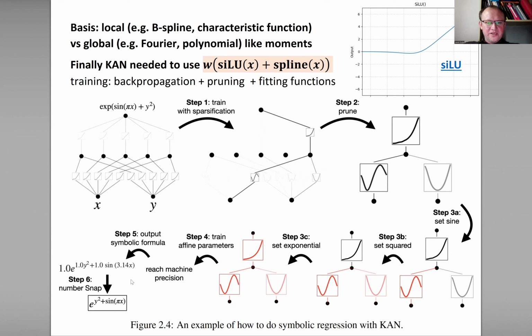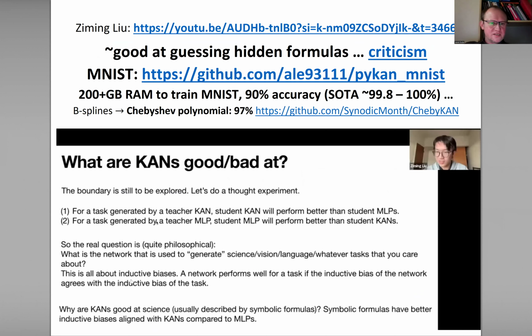The big question is whether it is good for a different type of task. Here is the talk of the first author, and he says that basically, it seems not really. The main question people usually ask is, can it solve MNIST? I found two GitHubs. One said that it needs like 200 gigabytes of RAM to train MNIST.